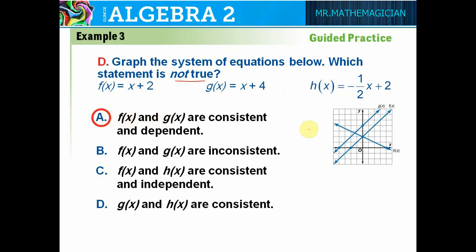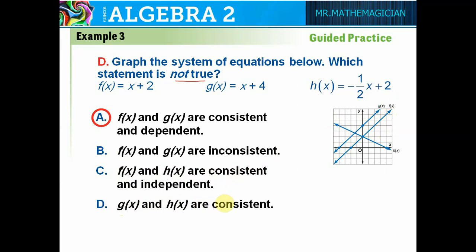And why is it A? After you graph, you can notice that F and G are inconsistent because they are parallel. F and H are consistent and independent because they intersect at one point.